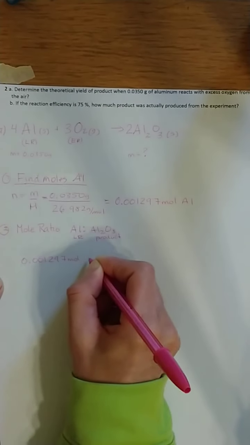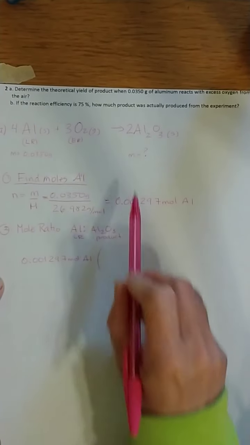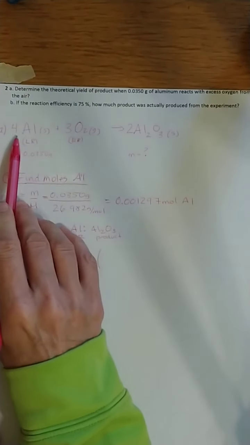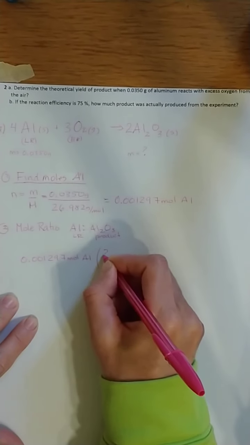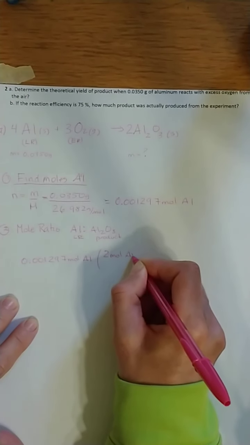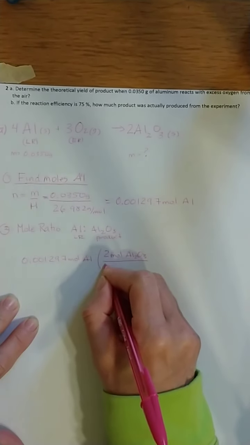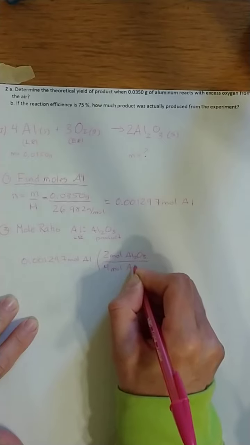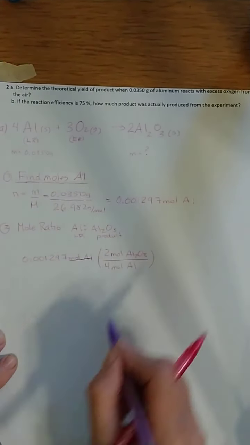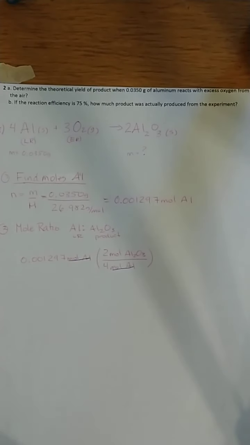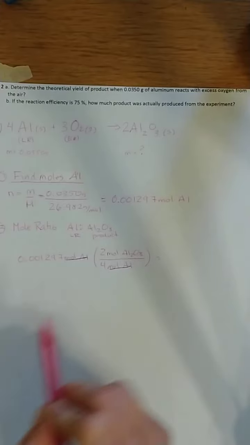So we're going to take these 0.001297 moles of Al, and we're going to multiply it by the product coefficient over the limiting reagent coefficient. So the product coefficient is 2 moles of Al2O3. The limiting reagent coefficient is 4 moles of Al. And what you'll notice is these moles of Al cancel out these moles of Al in the denominator, allowing us to convert moles of Al into moles of Al2O3.